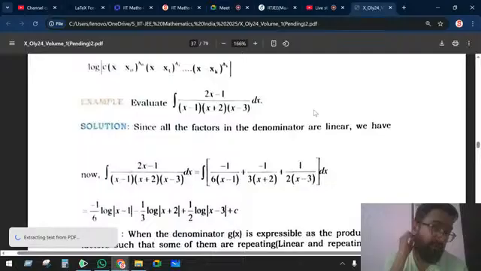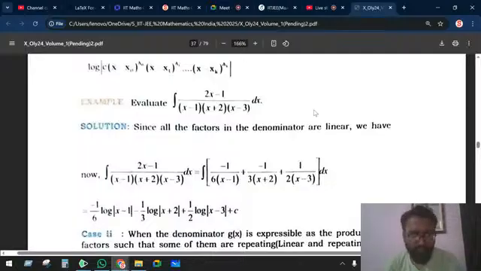Integral 2x minus 1 by x minus 1 into x plus 2 into x minus 3. So here he did a by x minus 1 plus b by x plus 2 plus c by x minus 3. Then he got the a value is minus 1 by 6, here minus 1 by 3 and 1 by 2. That is the thing you have to do a lot of practice.